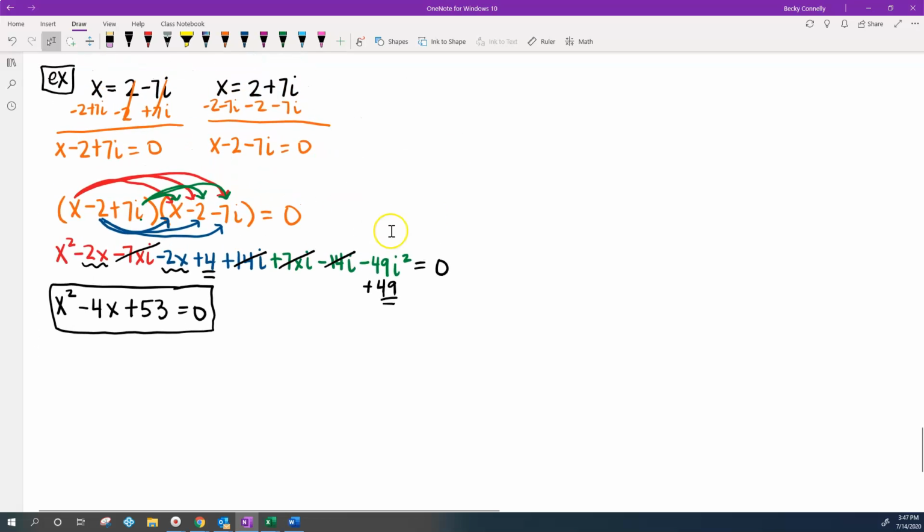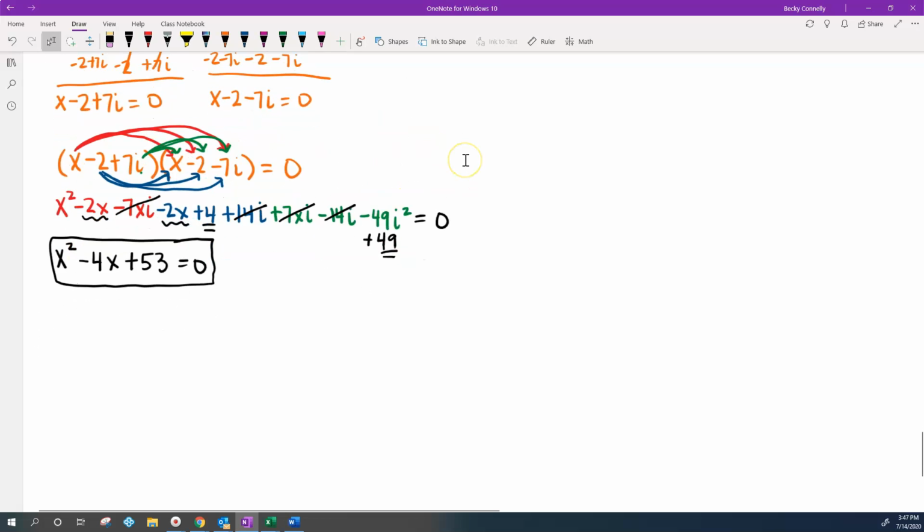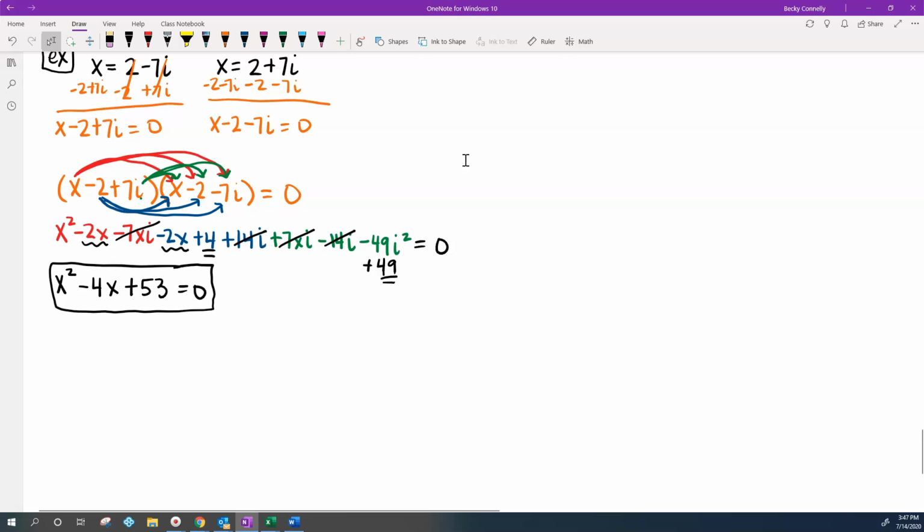So let's try. This is the same idea that we did on this last example. I want to see how you can use it to help you figure out this next one.